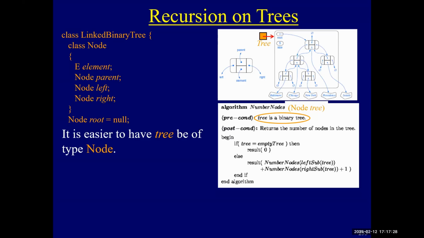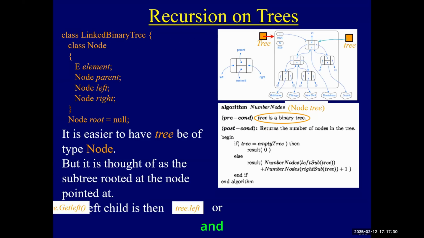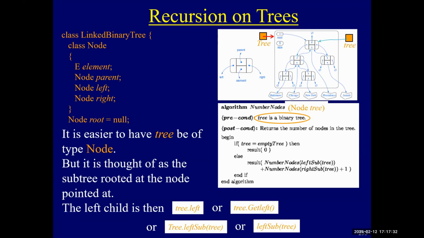People kind of follow that? And so if we have the tree, there are ways of getting the left tree. If tree is pointing to this, then tree dot left is pointing to this, and tree dot right is pointing to this. And I think we should stop, because I think that's good.